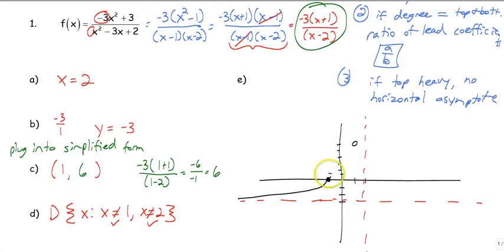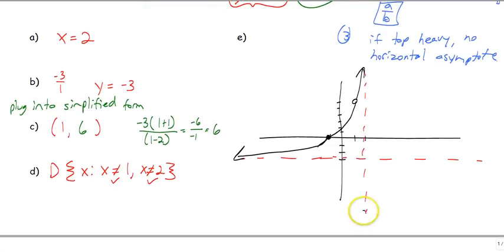Sorry, we did get the x-intercept. The y-intercept is when x is 0. So when x is 0, you get 3/2. So that's right here, actually. Or you can get them from your calculator. It's fine. And then when you graph this on your calculator, it should look something like that, and then it comes up from here and goes off to that and never crosses.